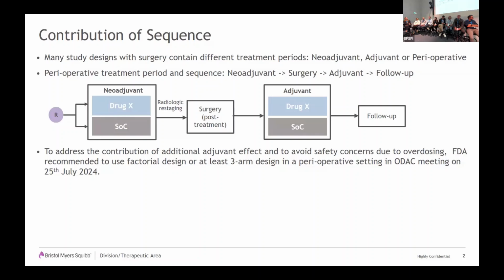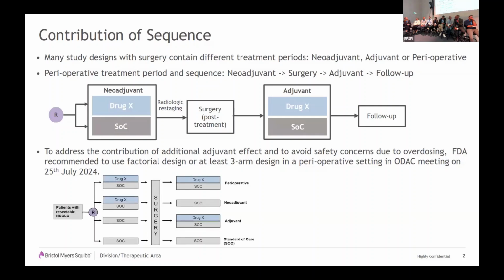And secondly, it could cause additional safety issues, and some patients may also be overdosed because they got too much treatment. So FDA actually held an ODAC meeting on the 25th of July to discuss this issue.